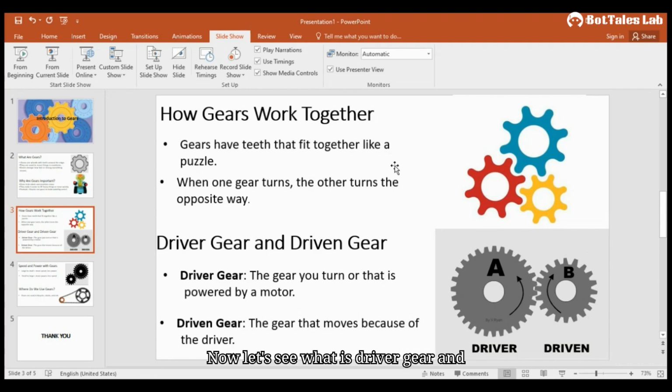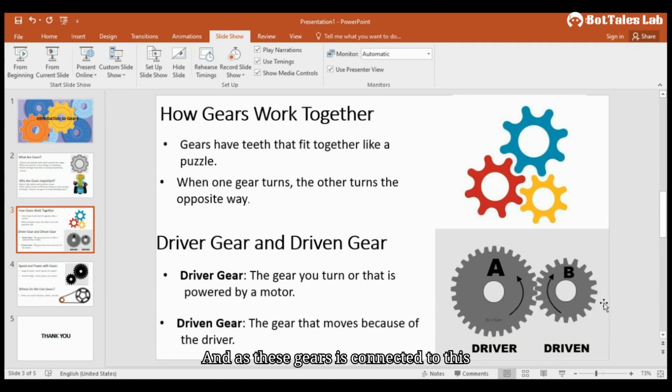Now let's see what are driver gear and driven gear. The driver gear is the gear you turn, or that is powered by a motor, and the driven gear is the gear that is moved by the driver. Take this as your main gear. This gear is connected to your motor, and as the motor rotates, this gear rotates.